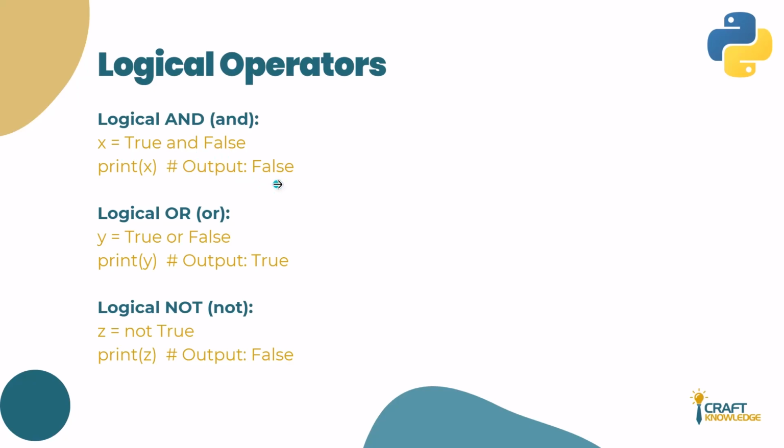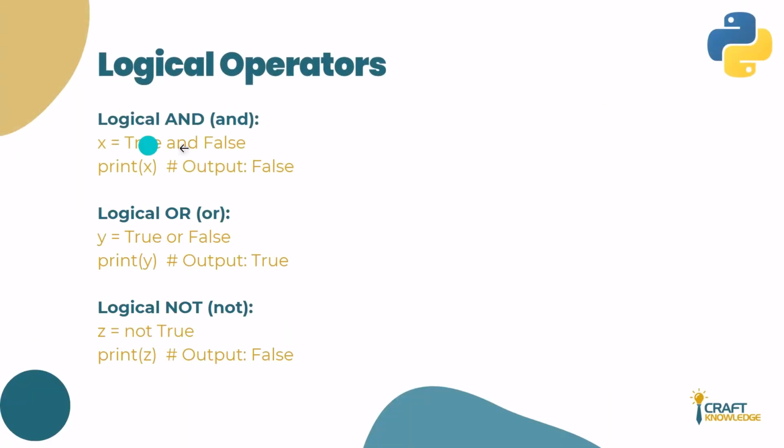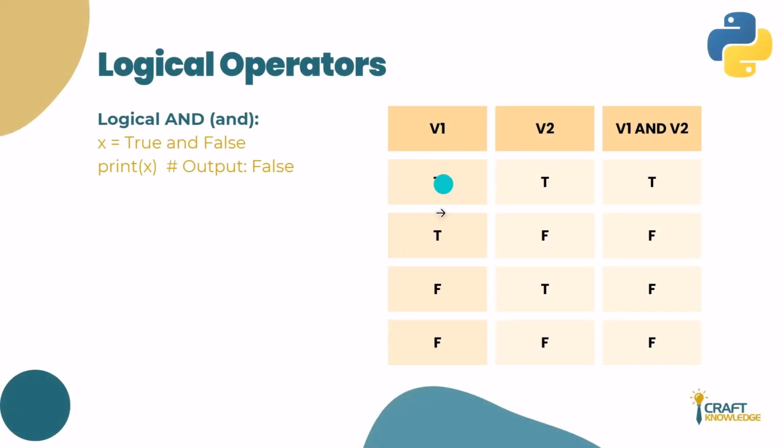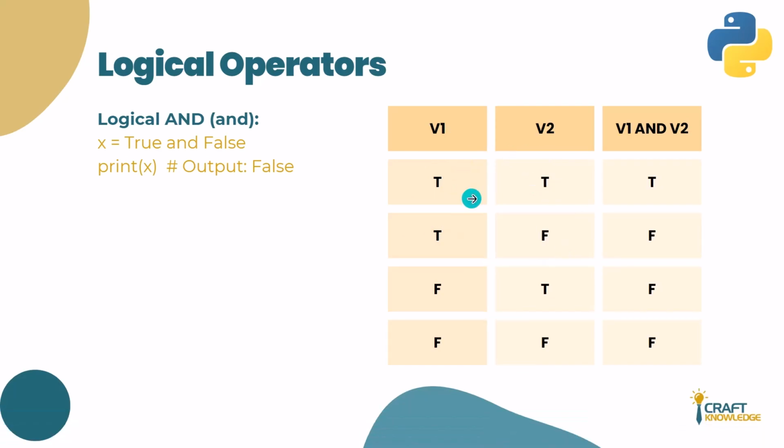But why? Let's see. And by the way, interestingly, if I say true and false, the output would be false. But if I say true or false, the output would be true. Why? So let's look over here. Here I have all the possible combinations that we can have in 2 variables, and this is basically called a truth table. Let's say here we have 2 possible outcomes, variable 1 and variable 2.